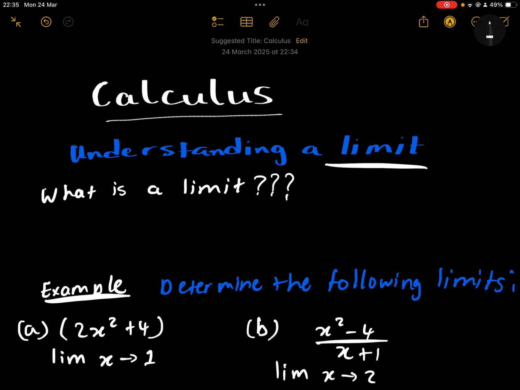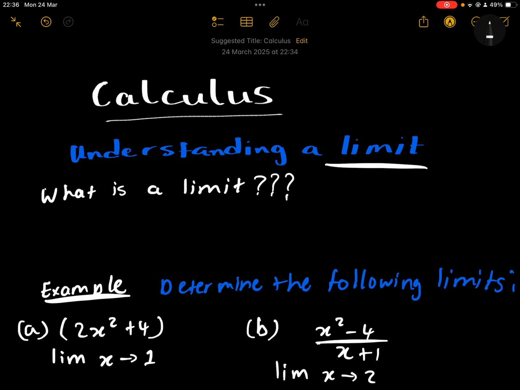If you remember asymptotes, they are more like a limit, because that is where the graph cannot pass. That is where the graph will go towards. So they will be going towards a certain value.